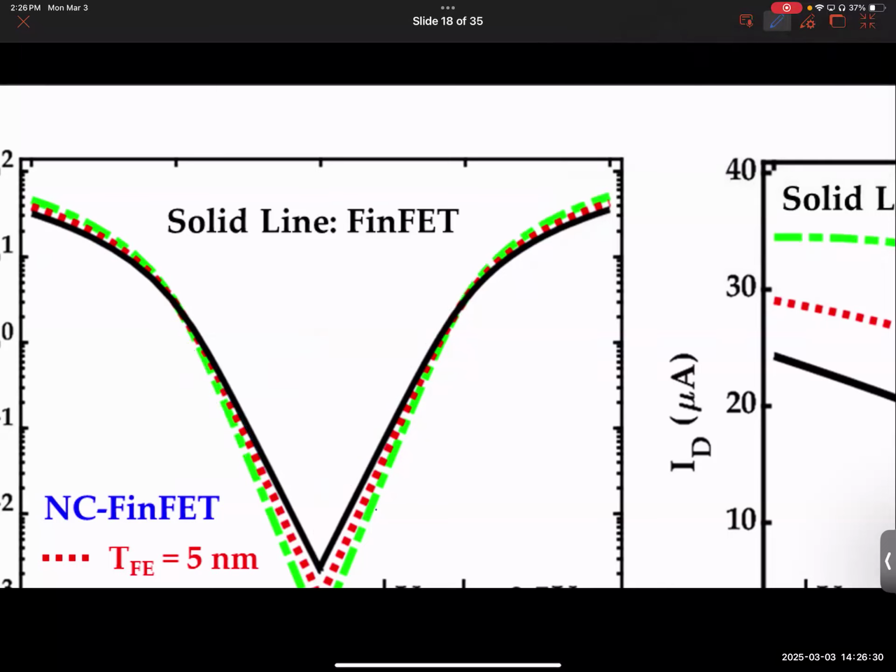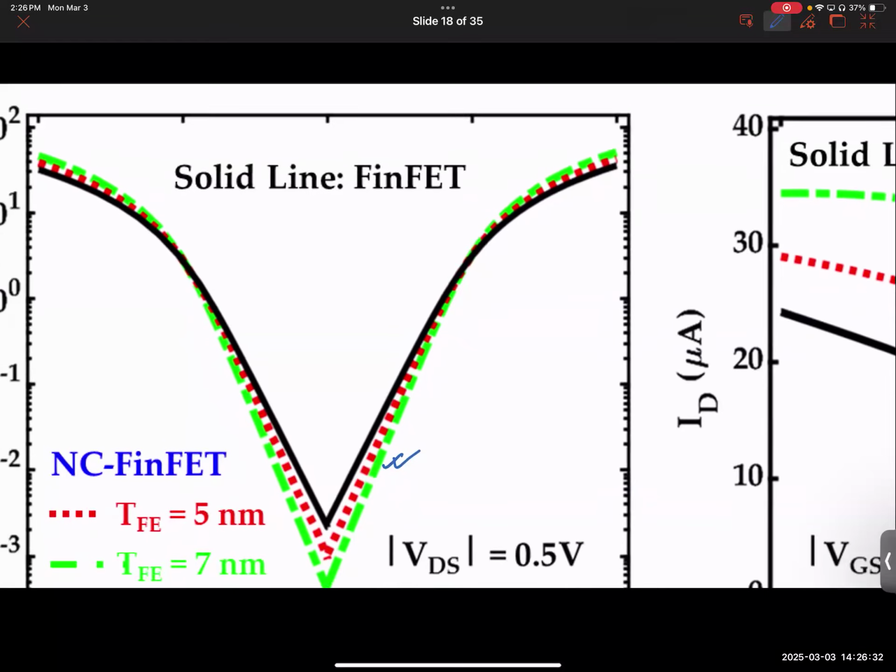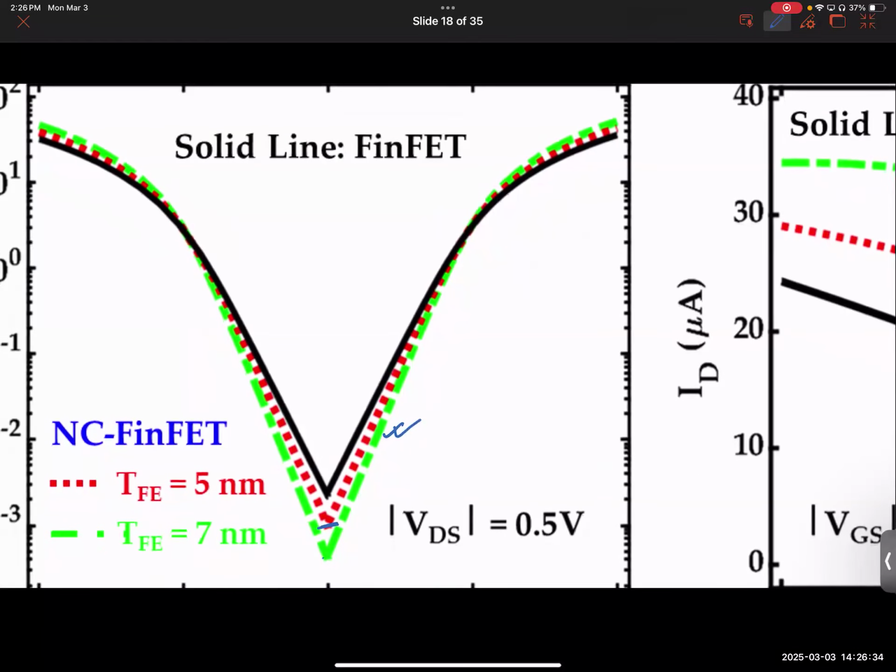Look at all the other lines, the red one and the green one. What do you notice here? They have lower off current and slightly higher on current. Does that make sense to you guys? And then, I don't know if it is visible enough, but if you pay attention, they have steeper slope. It's not as exaggerated as I showed you before, but it is still there. Make sense?